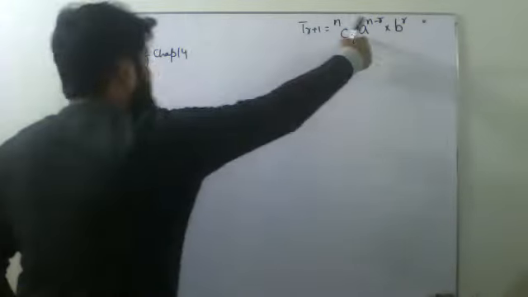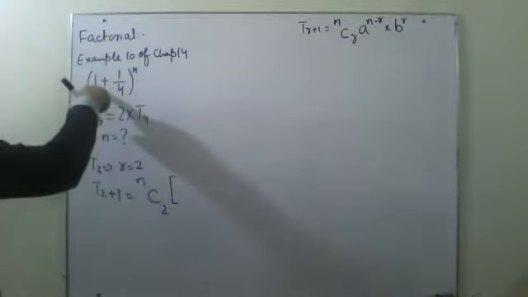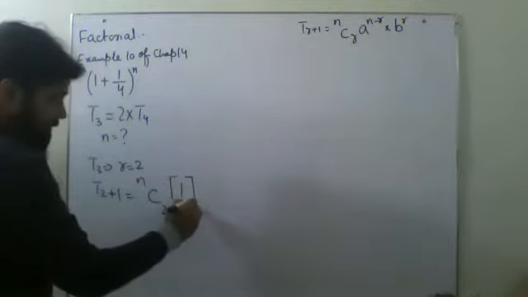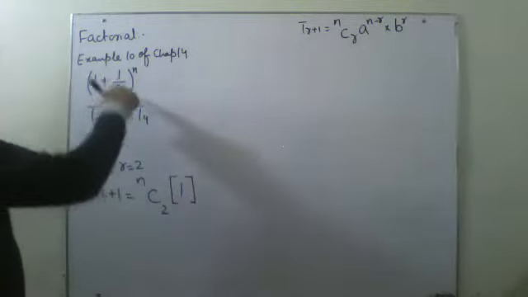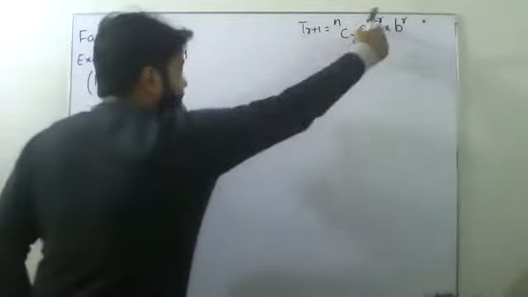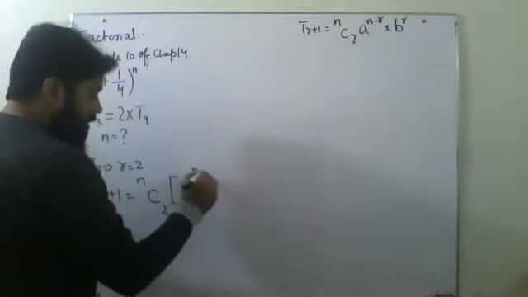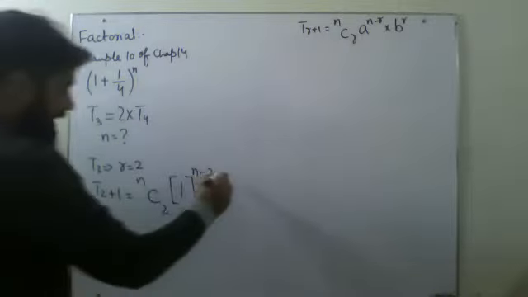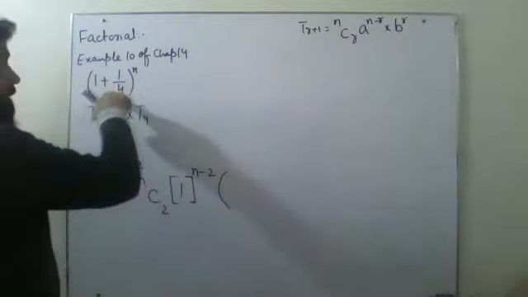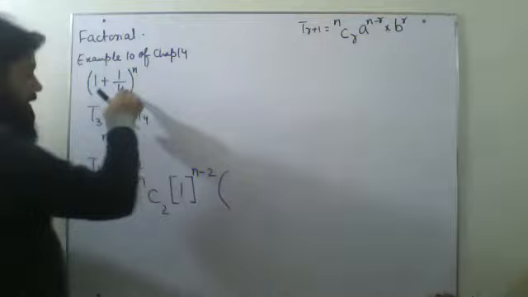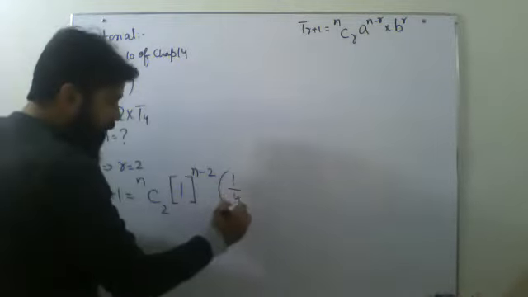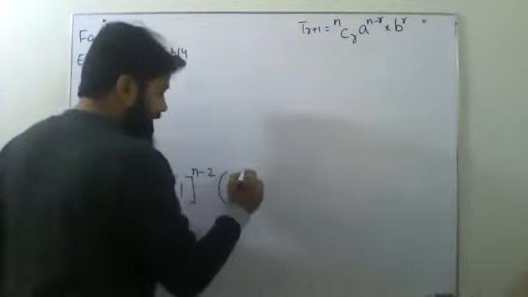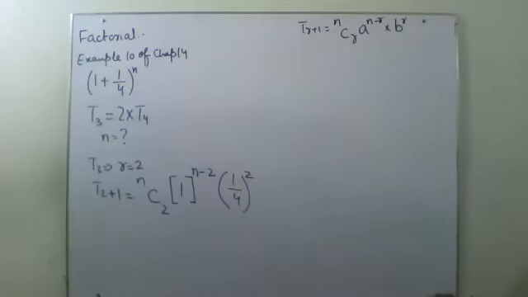What does a represent? a represents the first term of the bracket. So the first term is 1, then n minus r, where n is unknown and r is 2. After that, b. What is b? b is your second term, 1 over 4, and r is given to us as 2.